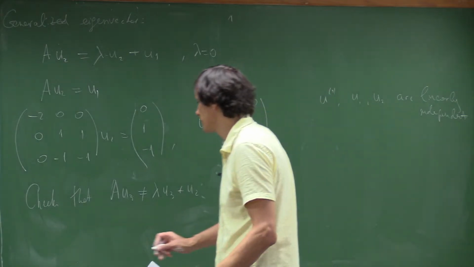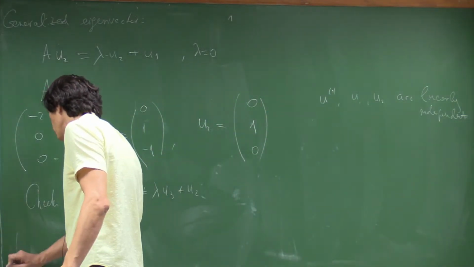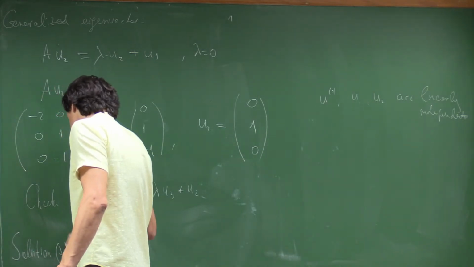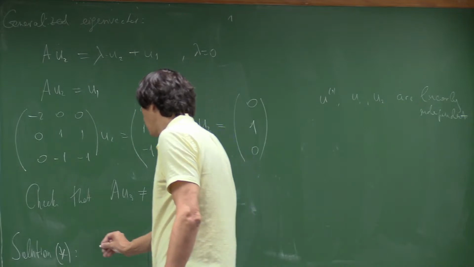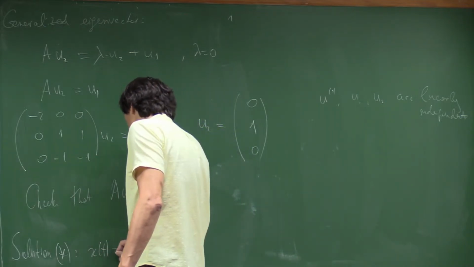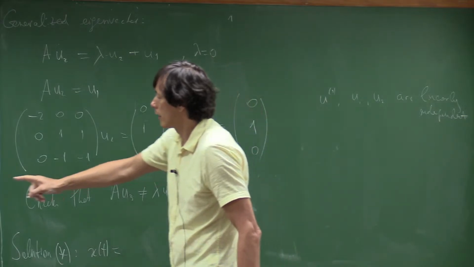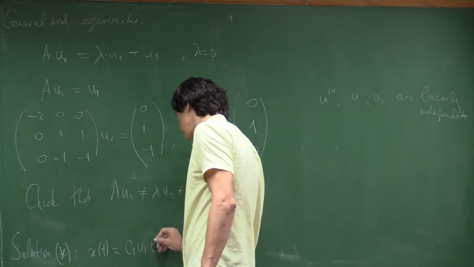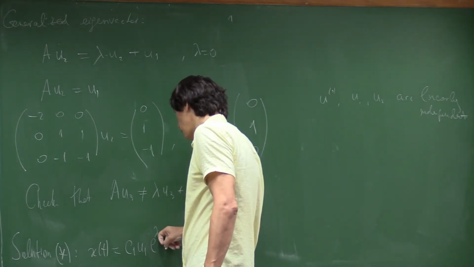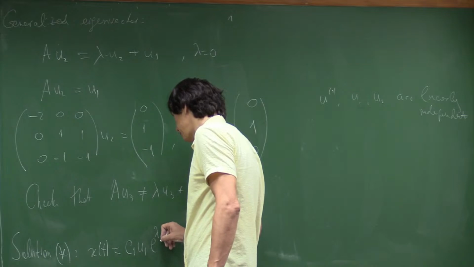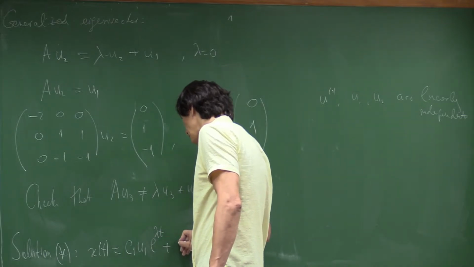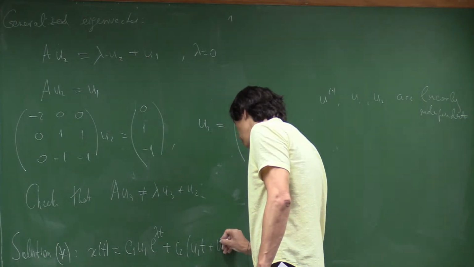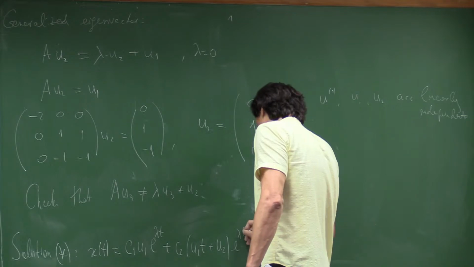So what we have is the proposition: the solution star will have the form x of t equals the eigenvector with arbitrary coefficient C1, plus C2 times (U1 t plus U2) e to the lambda t.